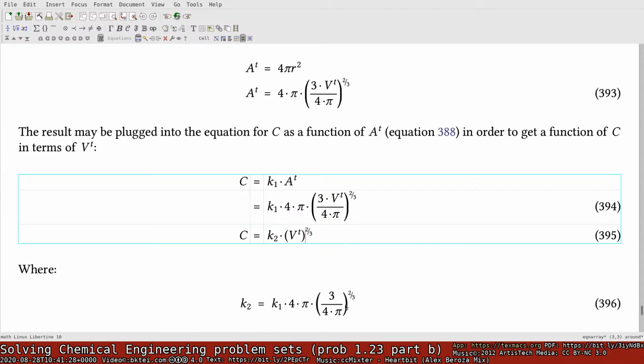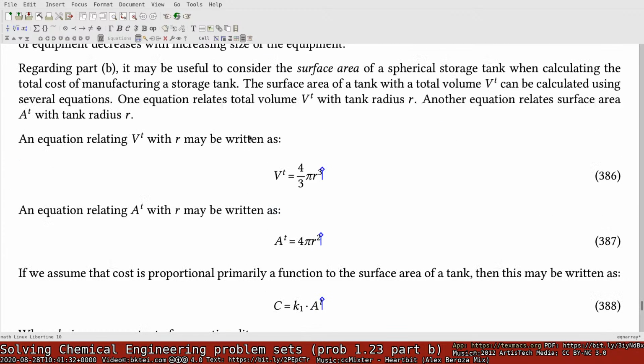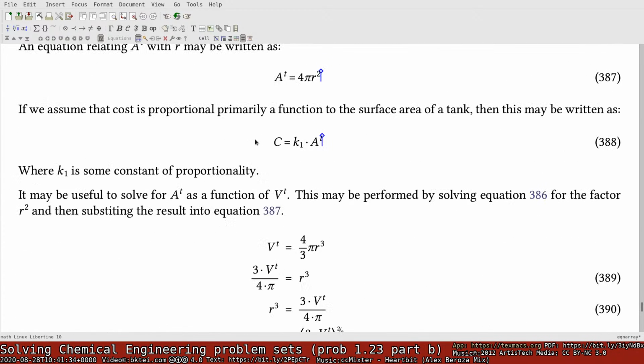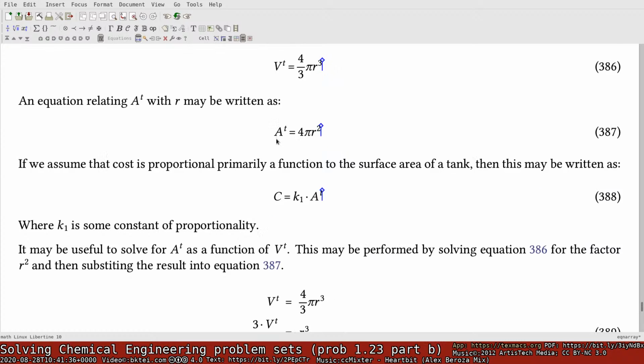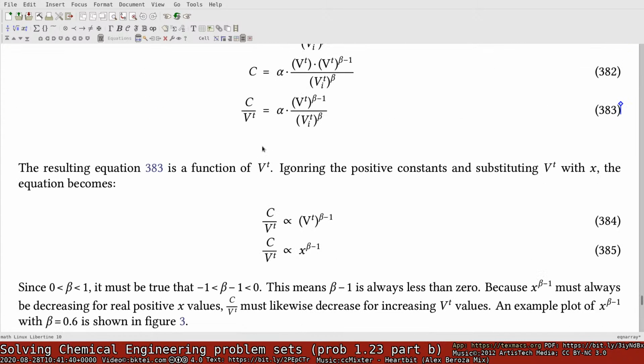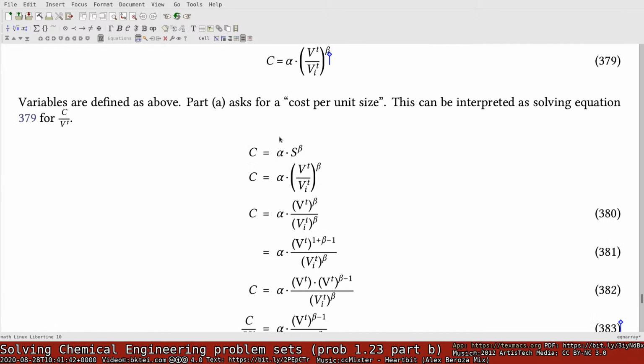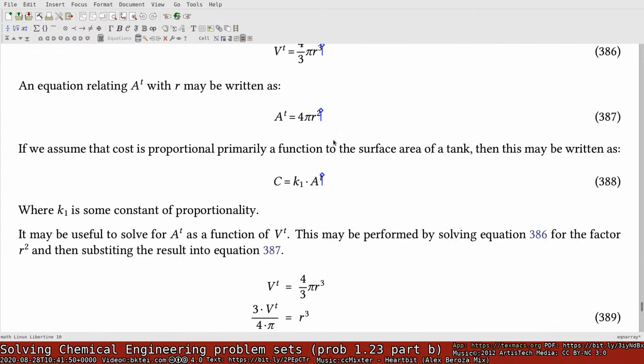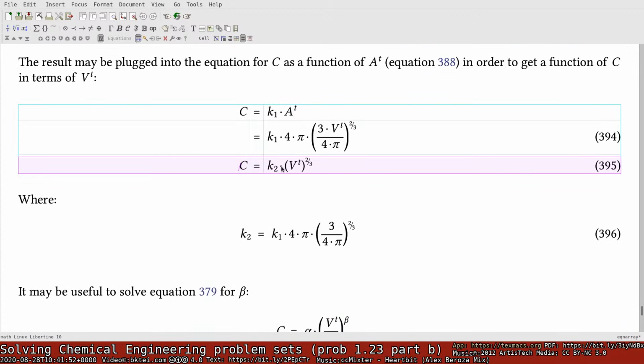So we could compare that equation 395 here to the allometric equation, which was up here. Yeah, this one. So a constant times a number raised to a power. We have a constant times a number raised to a power.